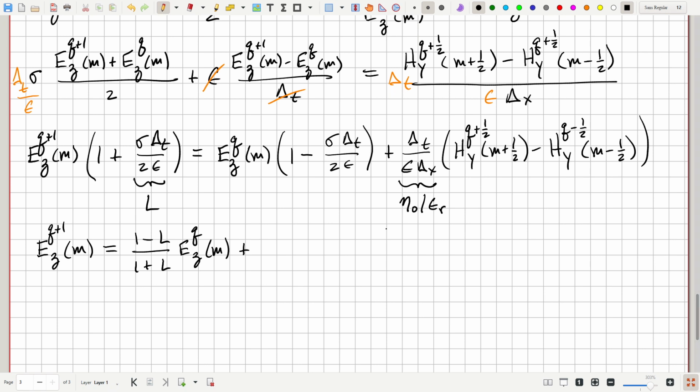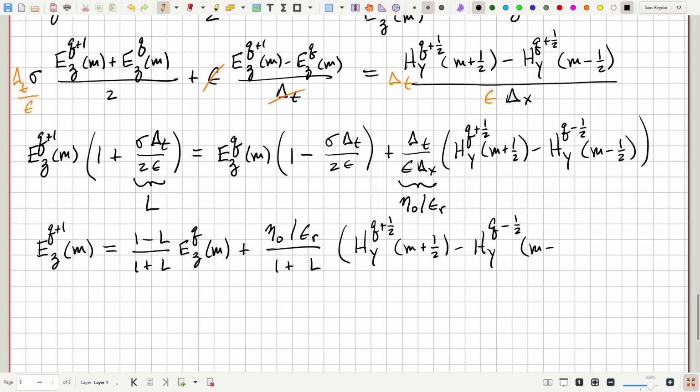Plus, here's eta 0 over epsilon relative over 1 plus L, and then times this difference of these HY terms. So there are our update equations.